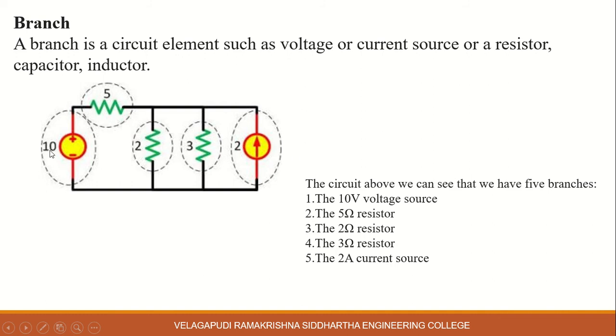In this figure, the branches are the 10 volts source, 5 ohm resistor, 2 ohm resistor, 3 ohm resistor, and 2 amperes current source. Total 5 branches.